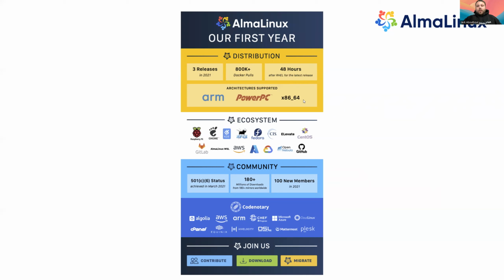We also supported 3 architectures back then. I say back then because we've upgraded that now to full support of 4 architectures, which is parity with upstream, the same architectures that RHEL supports. We have a very diverse ecosystem of things that we support and build images for.